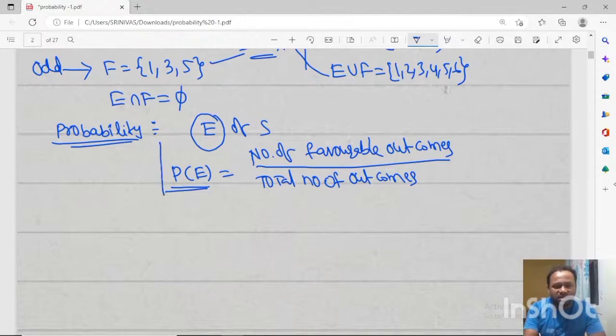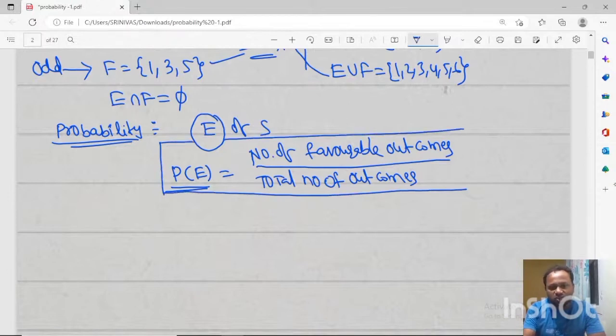So based on this property, we will do so many problems. We have plenty of problems to do. So this is about the main definition. And probability of an event should always be between 0 and 1 only.